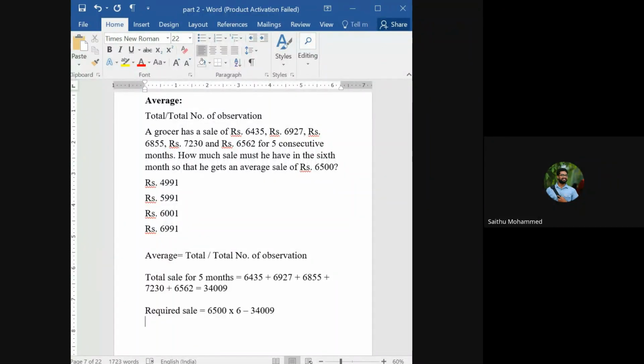So here 6,500 into 6 is nothing but 39,000 minus 34,009. We will be getting 4,991.